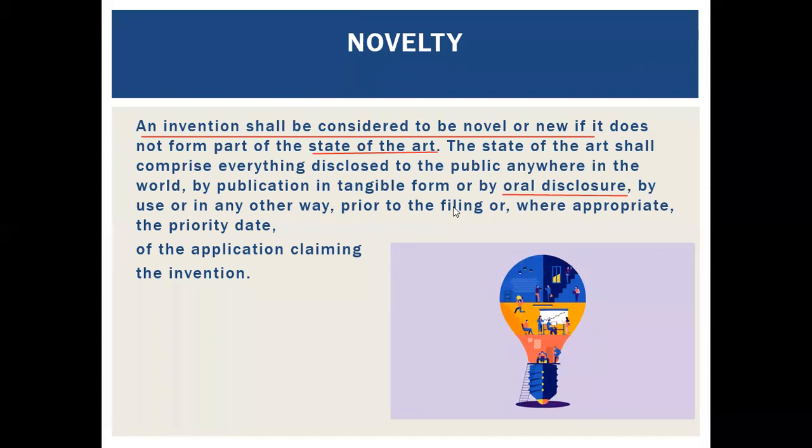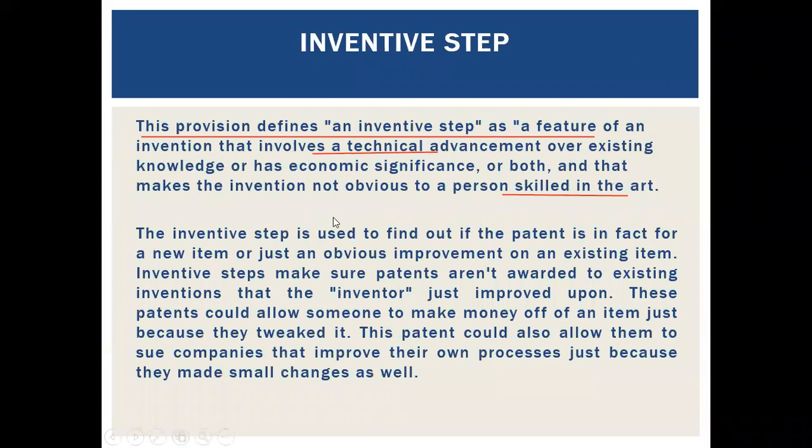Now we discuss the inventive step. Just move on to the next slide. Now read it. That's the provision that defines the inventive step. An inventive step is a feature of an invention that involves a technical advancement over existing knowledge or has economic significance, or maybe both, that makes the invention not obvious to a person skilled in the art.